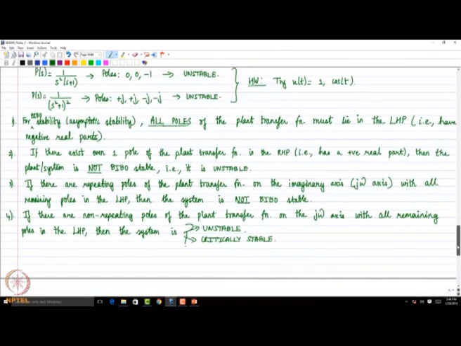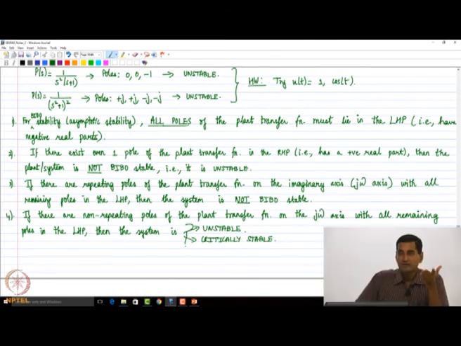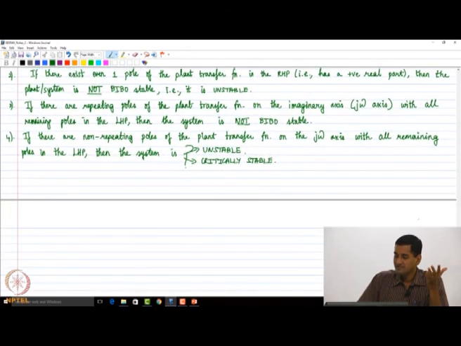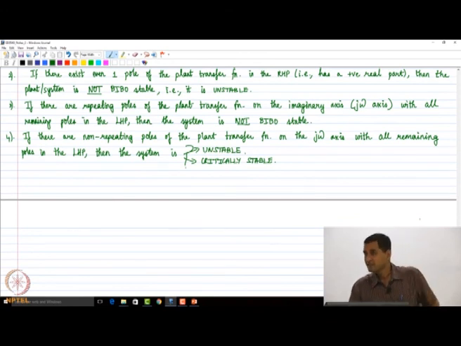Those are equivalent terms that are used. These are two perspectives of how to interpret system stability when you have non-repeating poles on the imaginary axis, including the origin. The origin is also on the imaginary axis.